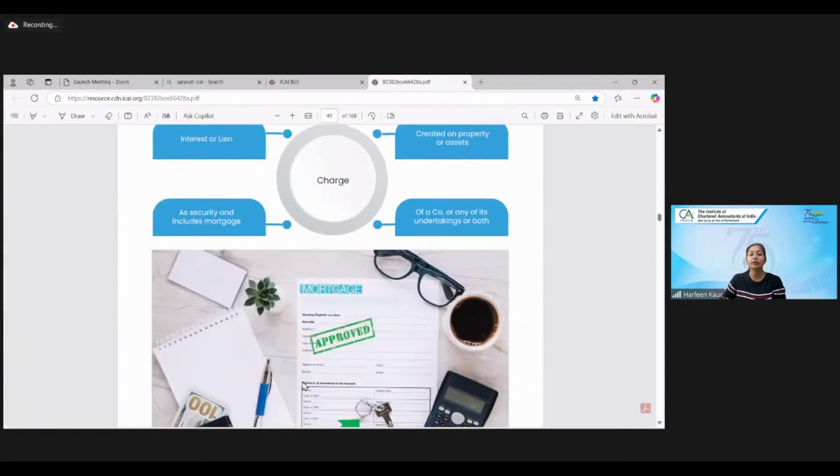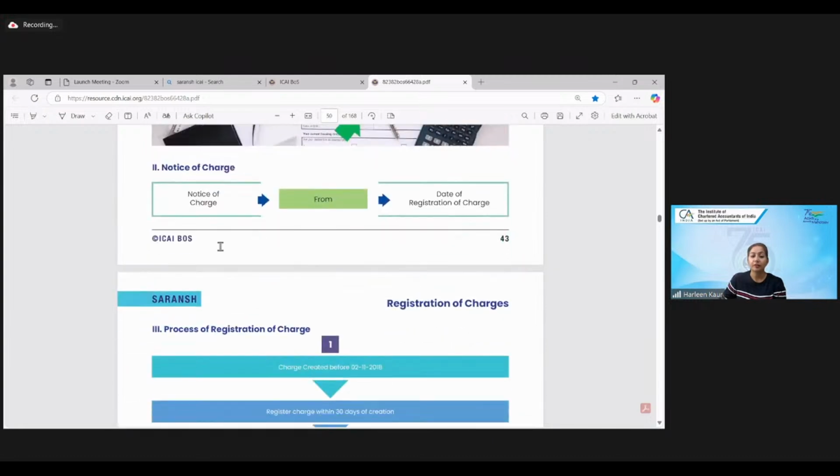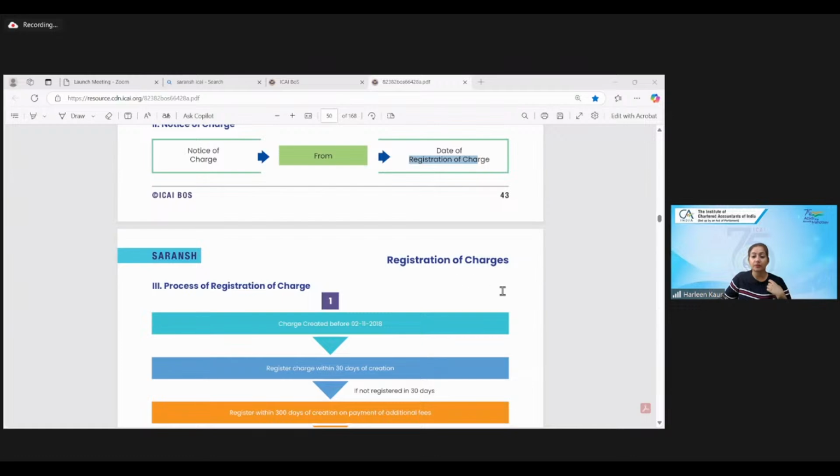See how beautifully they have given you the definition of charge. So interest and lien created on property, it is a security, it includes mortgage, all these things that we have done. Then fixed and floating charge. Notice of the charge will be from the date of registration, such an important line. When does the charge get noticed? From the date of registration of the charge.